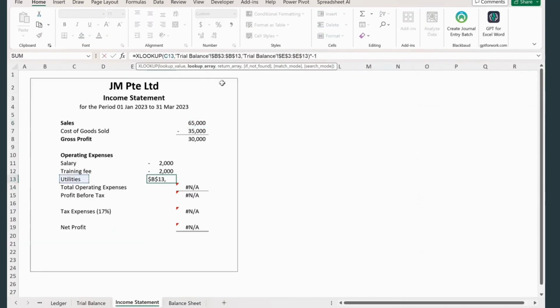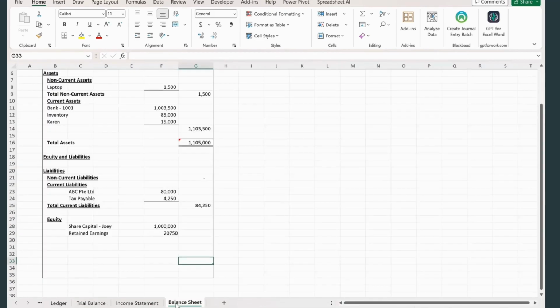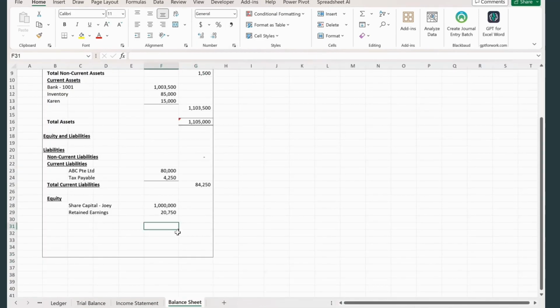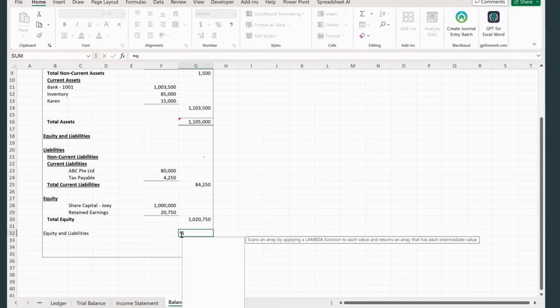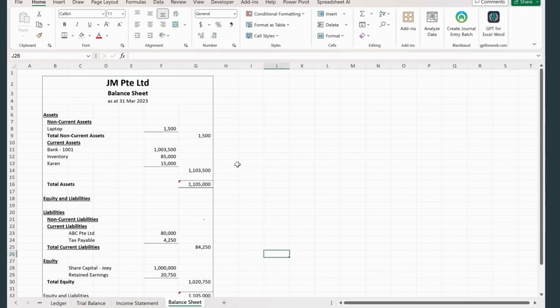Oops. Here we need to put range as 16. Done.